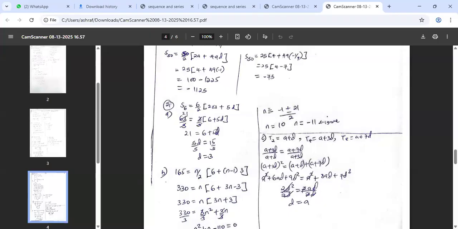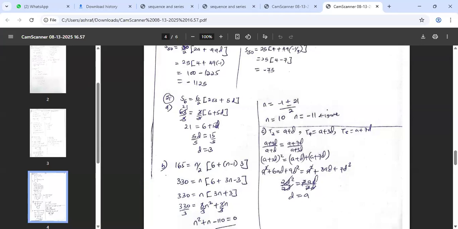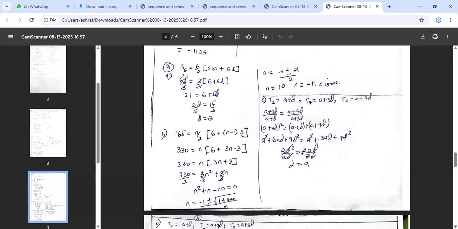Then you're going to use that D and A, that is 3, to find the value of n. You're given that the sum of the first n terms is 165. Then it equals n over 2 into 2a, 2 times 3 is 6, plus n minus 1 D. D is 3.